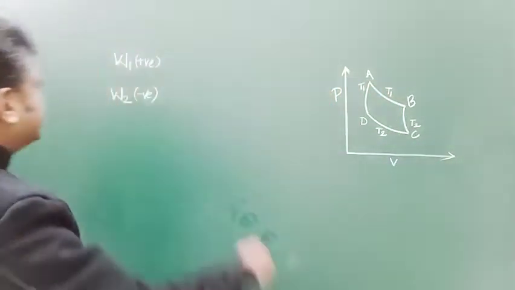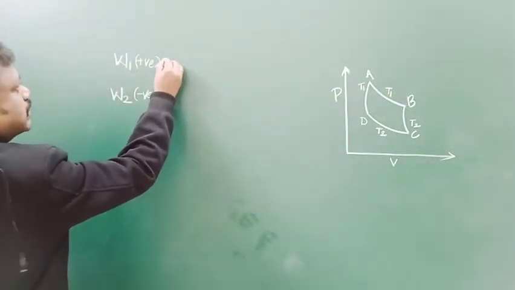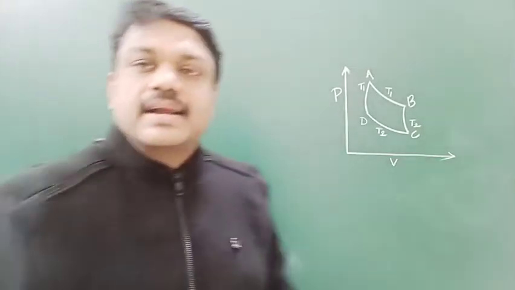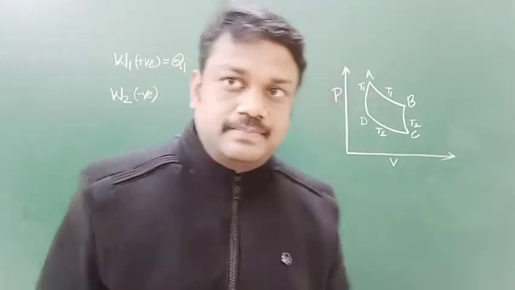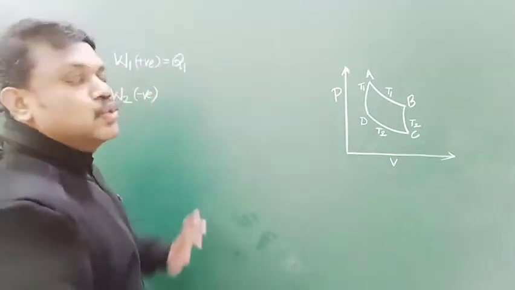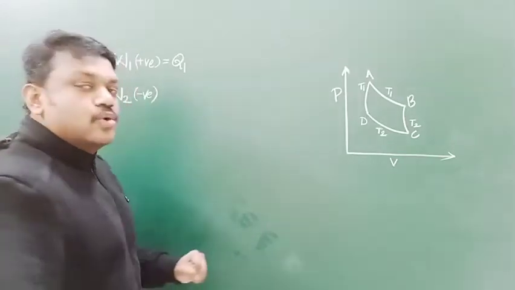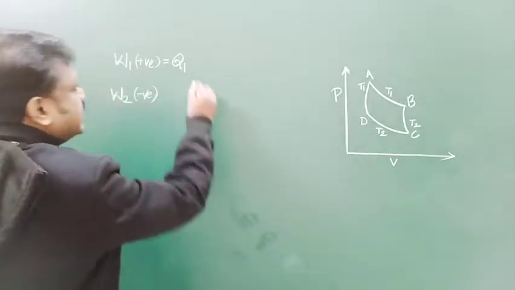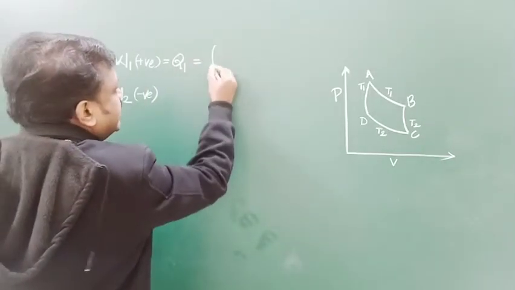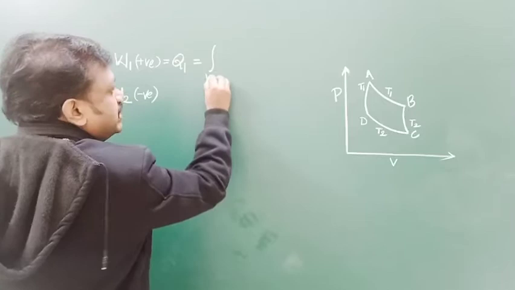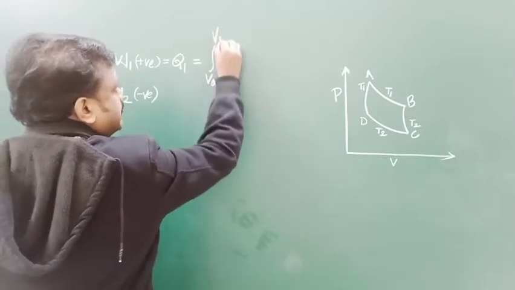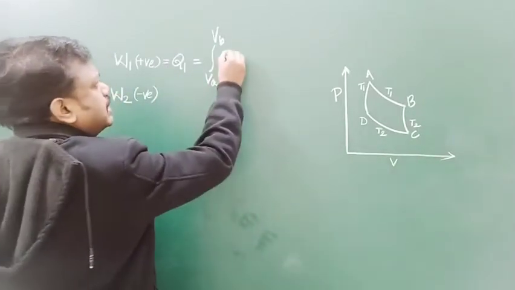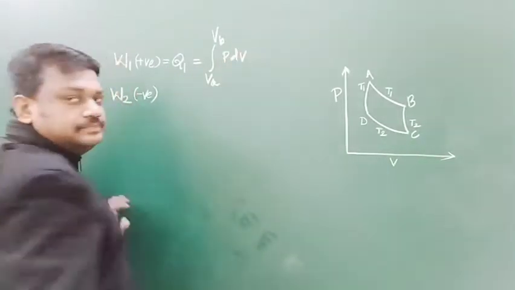So we can say that W1 is equal to Q1, since delta U equals 0. Now what is W1? W1 is the expansion from A to B isothermally. So we can say that Q1 is equal to the integral from VA to VB of PdV, where the volume at A is VA and at B is VB.